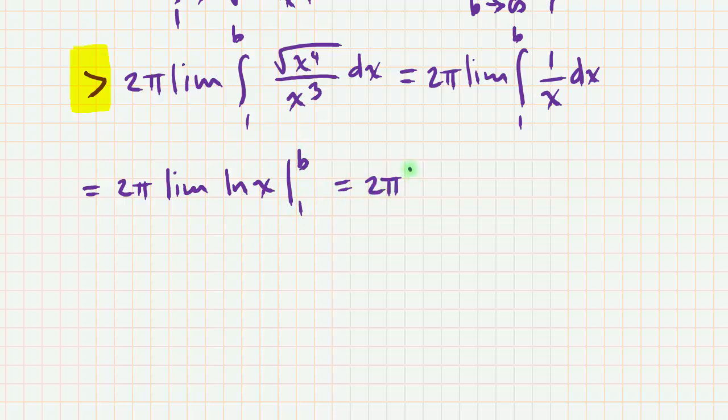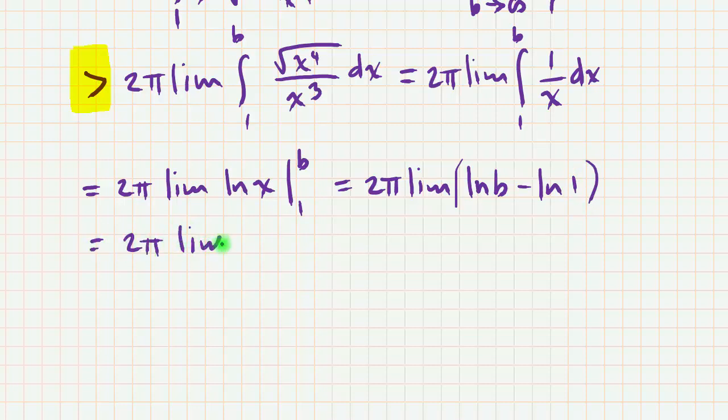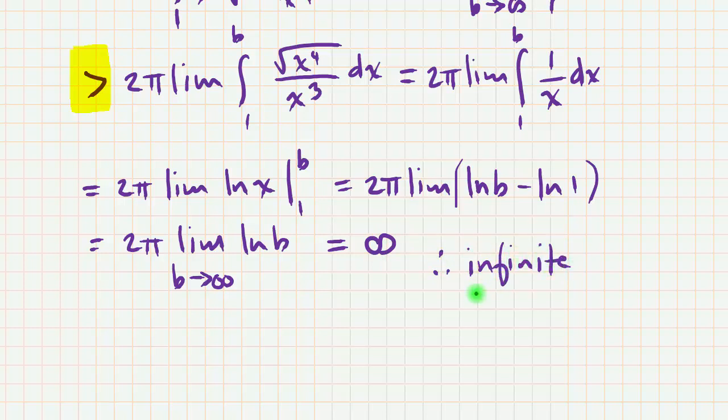And what we will see here is that we have divergence. Natural log of b minus natural log of 1. So this will all equal 2 pi times the limit as b goes to infinity of natural log of b. And that is infinite. So therefore, there is infinite surface area.